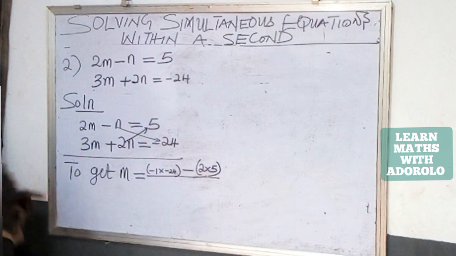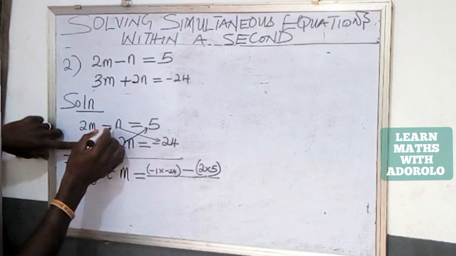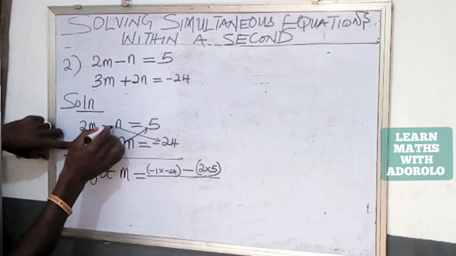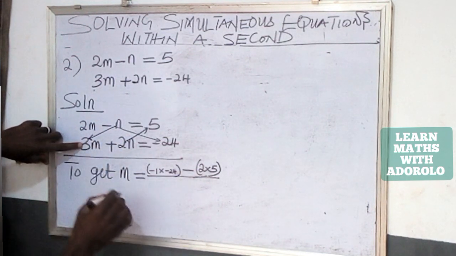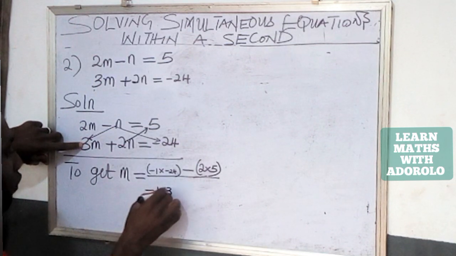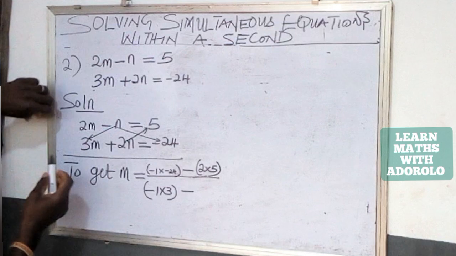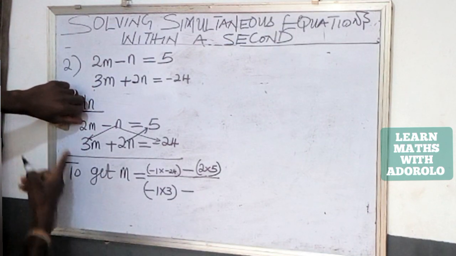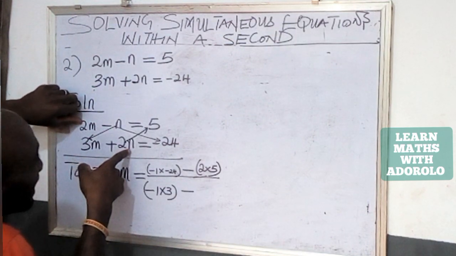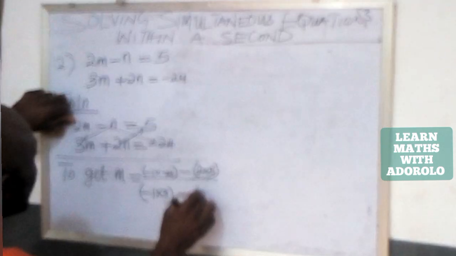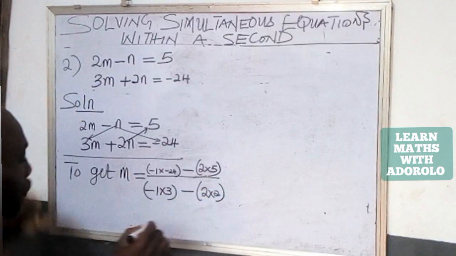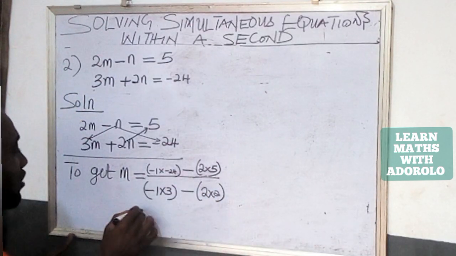The third step is multiplying the coefficient of n, minus 1, times this 3. We have minus 1 times 3. And lastly, minus, that is the rule. Multiply the coefficient of m in equation 1 times the coefficient of n in equation 2, so we have 2 times 2. So quickly you look at it very well. Very simple.